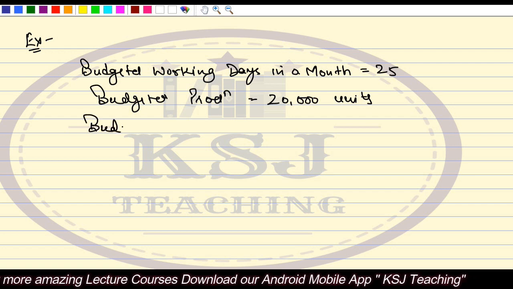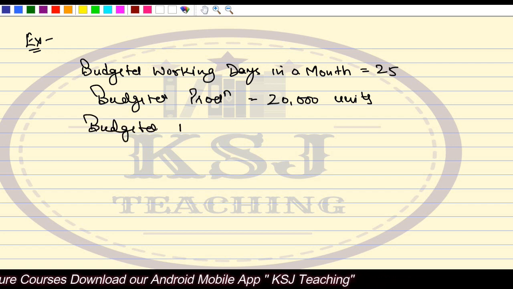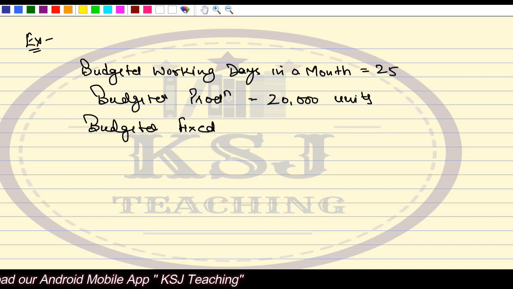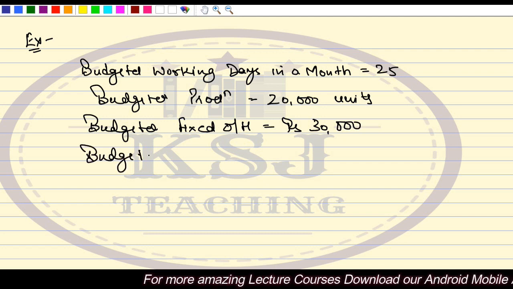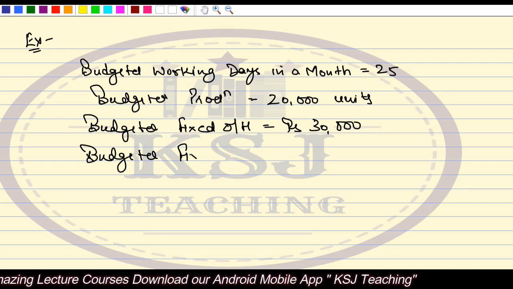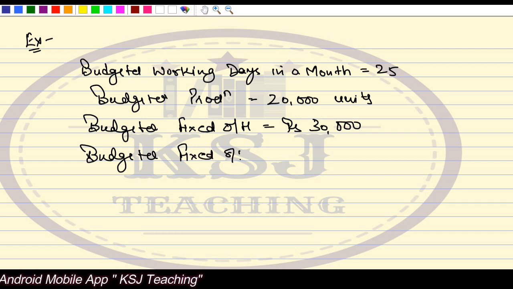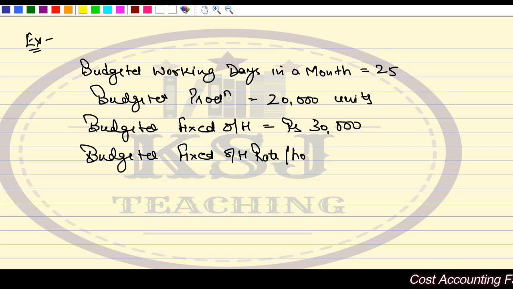Budgeted fixed overheads is equal to rupees 30,000. Budgeted fixed overhead rate per hour, that is rupee 1.